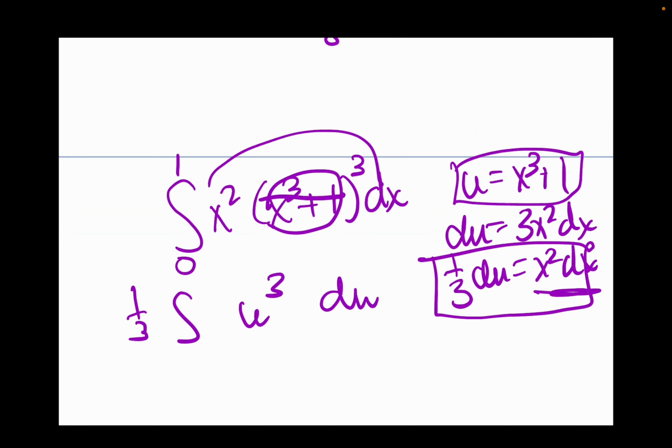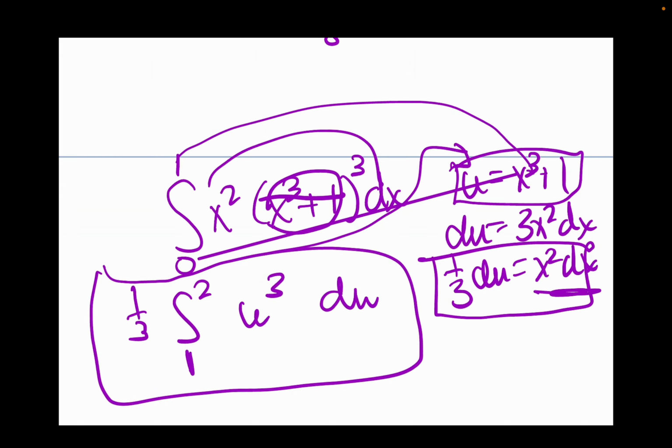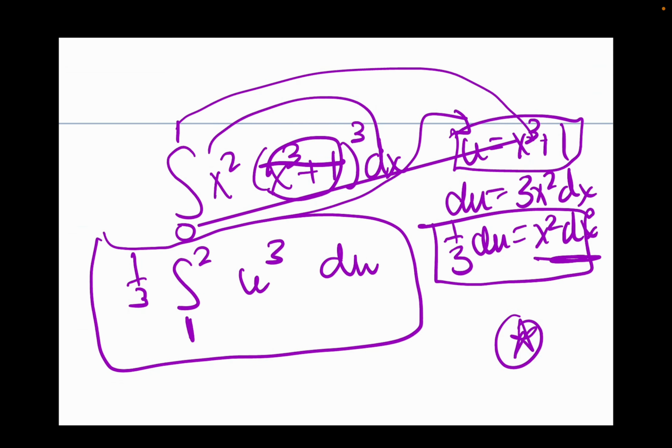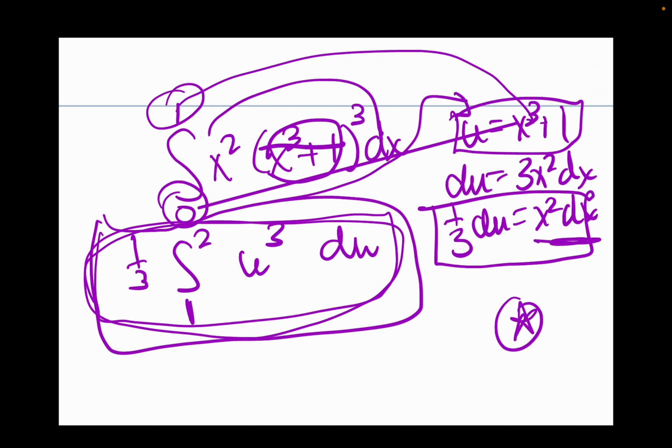Then I'm going to change my limits of integration. I'm filling 0 right here for x, and I find out that u is 1. When x would have been 1, u would be 2. And then I just work with this nice little thing, and I never go back to x. So the important thing is to get a nice little small integral that's easy, but don't forget to change your numbers to fit u.